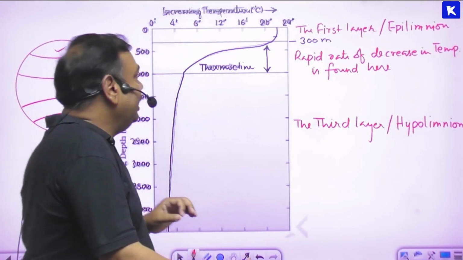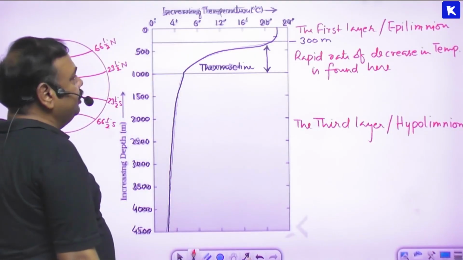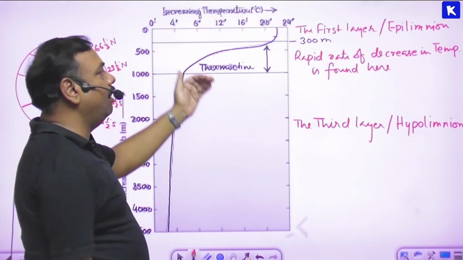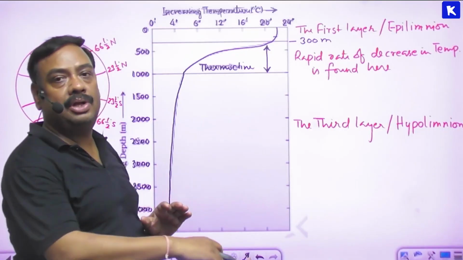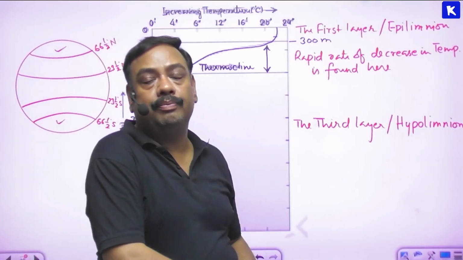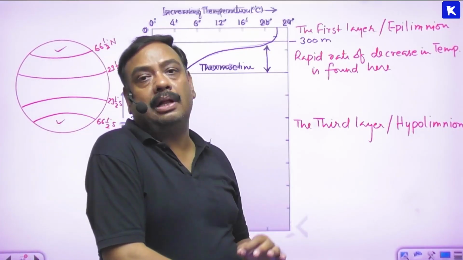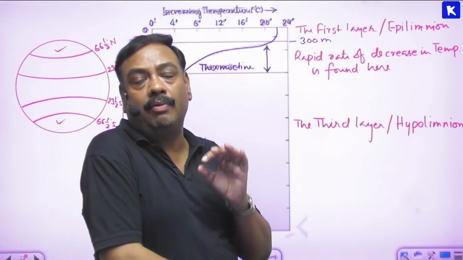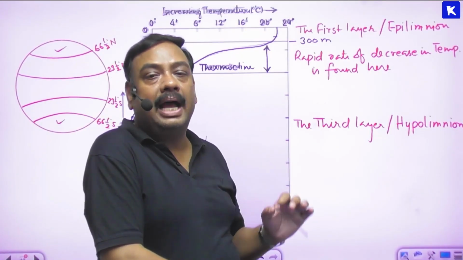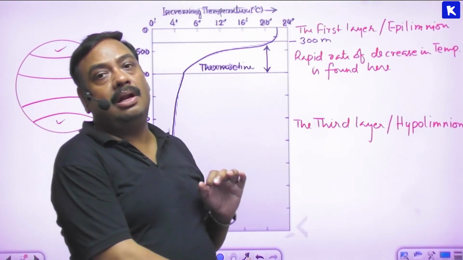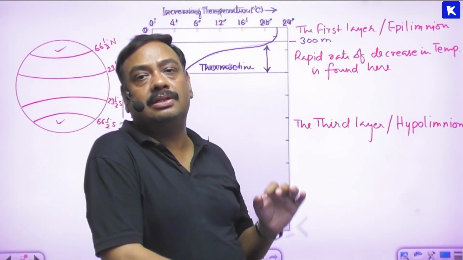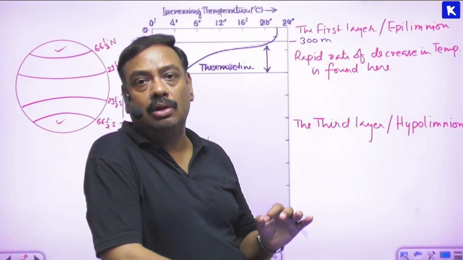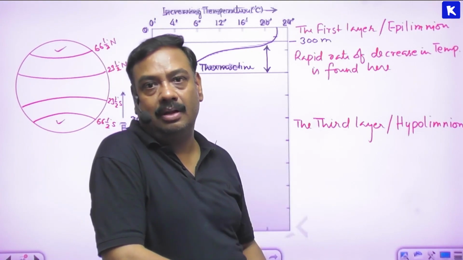And so it is said that for the low latitudinal region, these 3 layers of temperature distribution are found in the tropical zone throughout the year. Remember what I am saying here, that in the low latitudinal region, the three-layer system of distribution of temperature is found throughout the year. Why throughout the year?